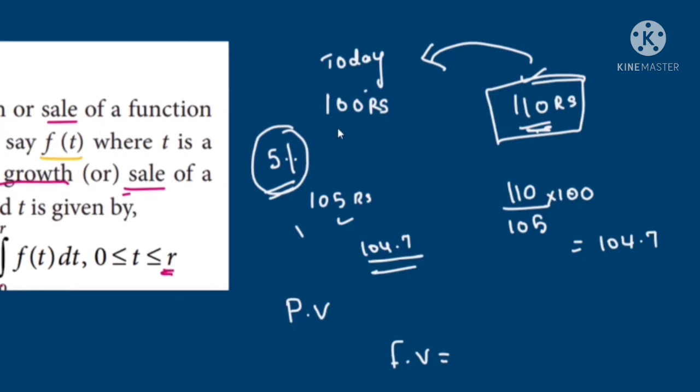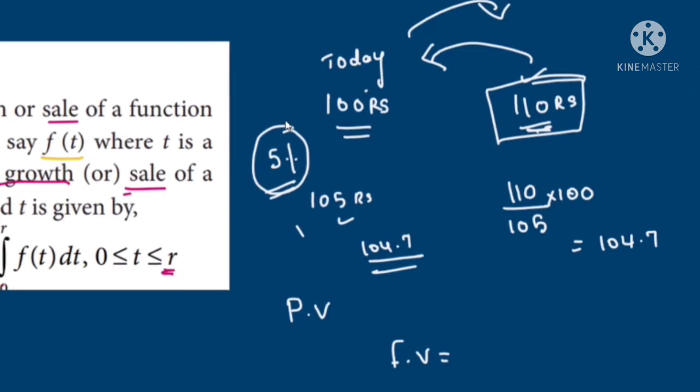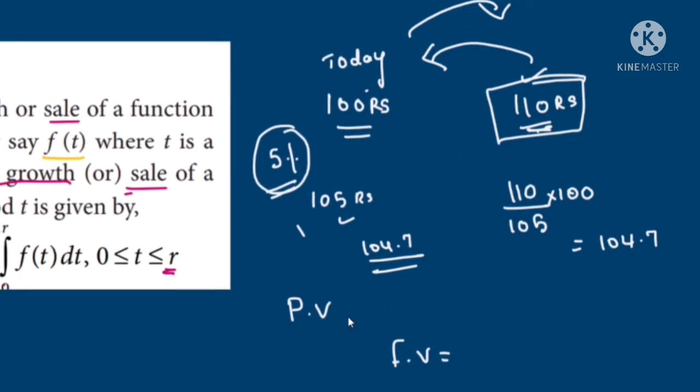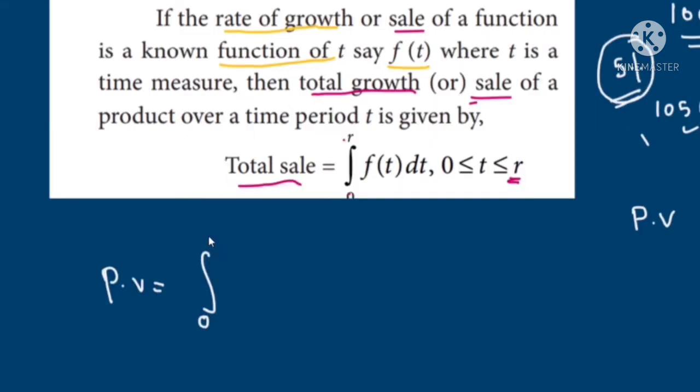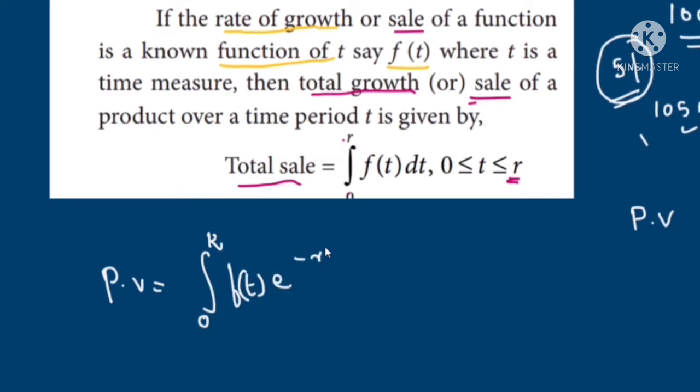Now, future value means this 100 rupees, how much it is worth after 1 year. If you deposit or lend it out as interest or something, what is the future value? So there is something called present value and future value. There is a formula to find the present value. The formula is the integral from 0 to k of f of t e power minus rt, where k is the upper limit of the time.